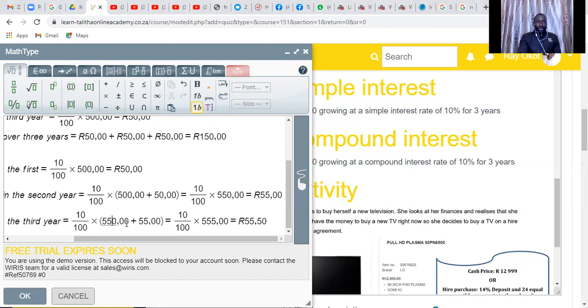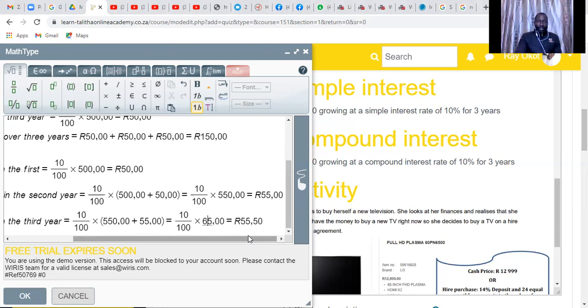So we'll be having 550 plus this one, which would give us 605. Apology for this. This is 605. Yes. That is when we add 550 to 55. We get 605.